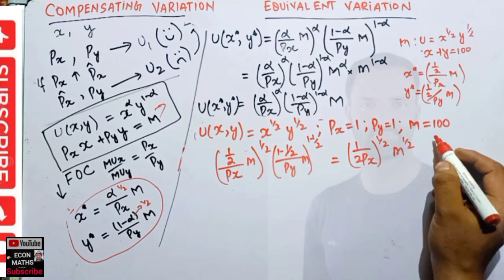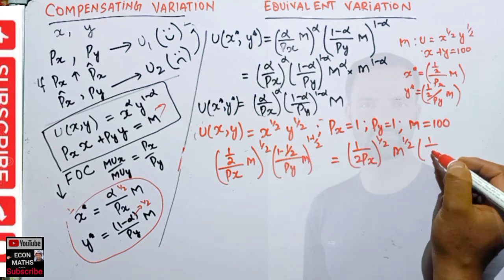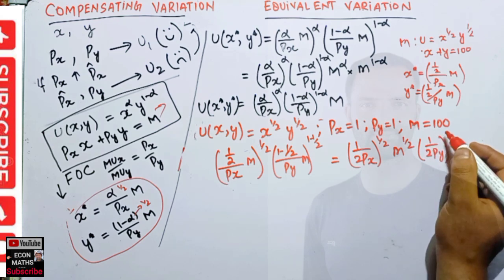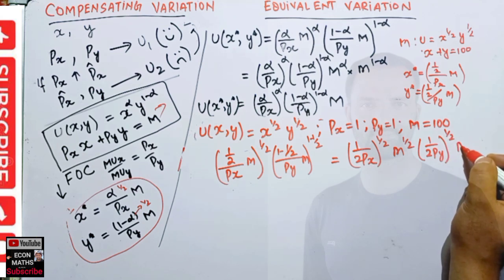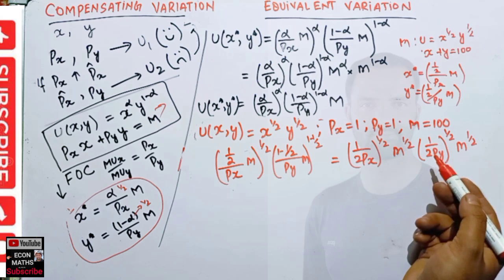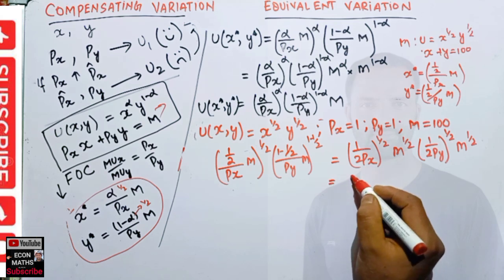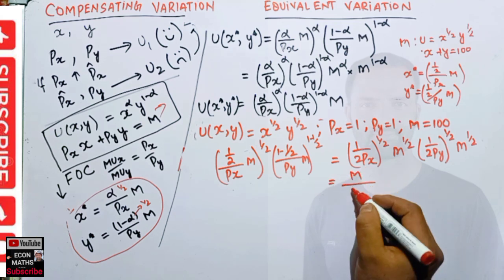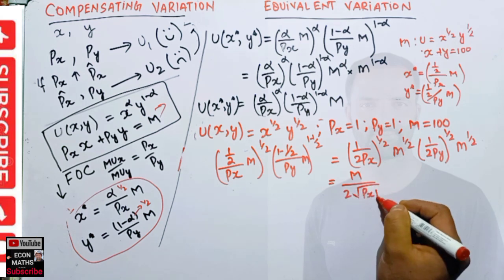If we expand this, similarly 1 minus 1 upon 2 will again come out to be 1 upon 2 py raised to the power 1 upon 2. Then we have m raised to the power 1 upon 2. And if we solve this very thing, we will get it equal to m upon 2 under root px py.